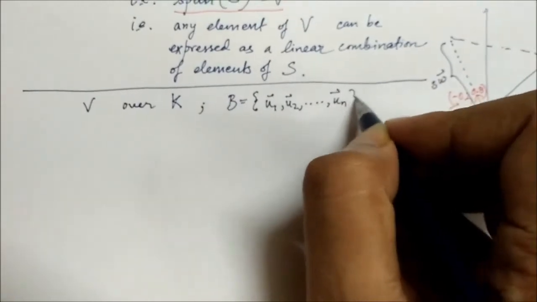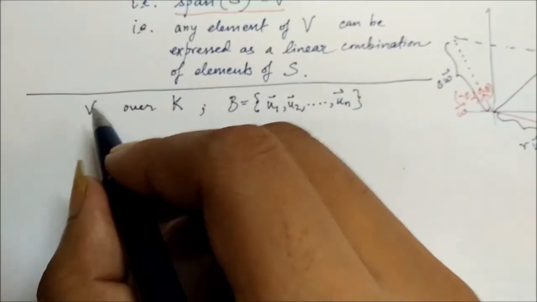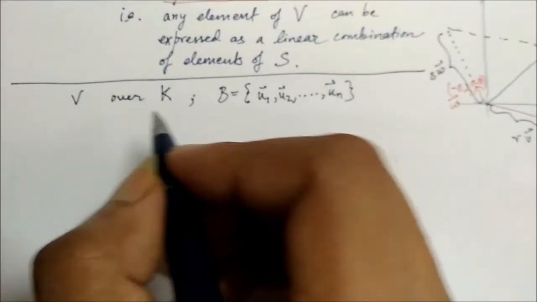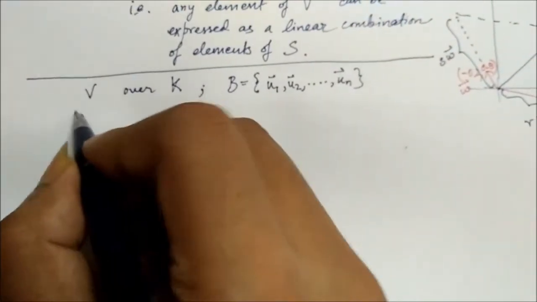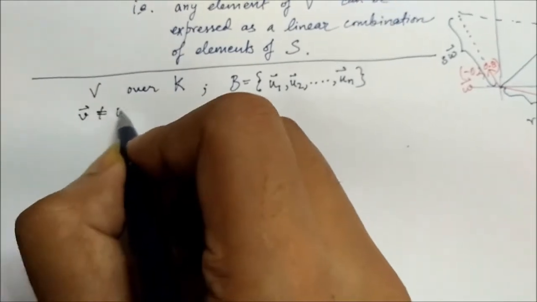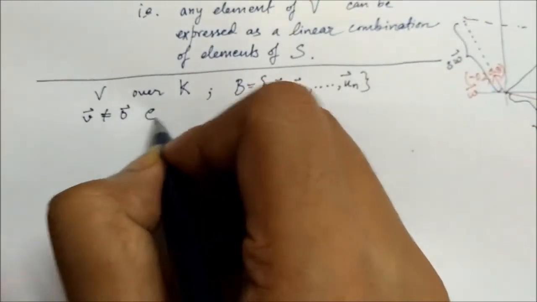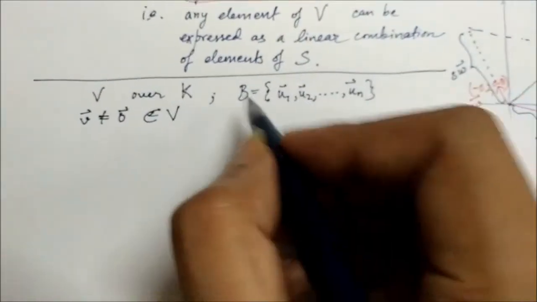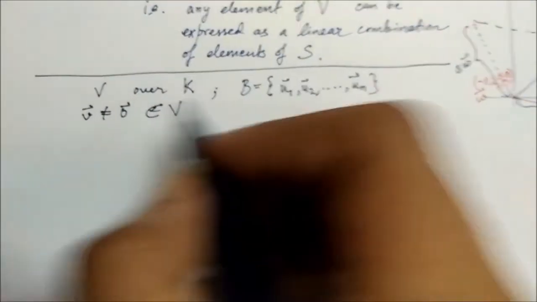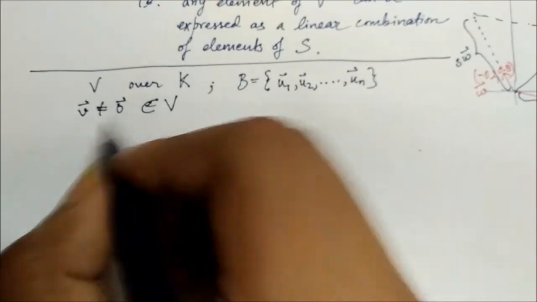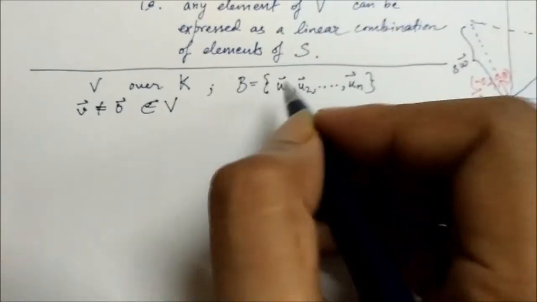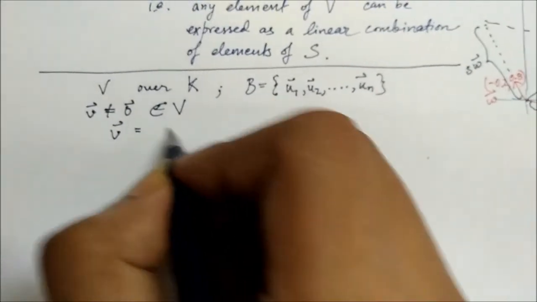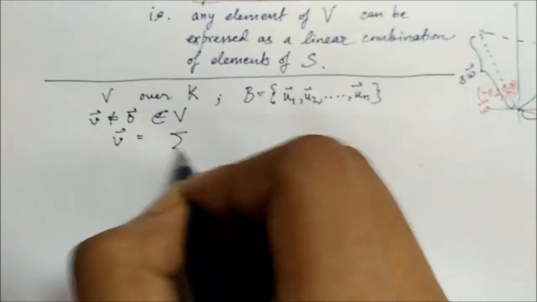So, if the dimension of the vector space V is n, there will be n vectors in the basis B. Now, think of any non-null vector belonging to the vector space, right? Since this is a basis, this fellow can be written as a linear combination of these guys. So these can be written using this form.